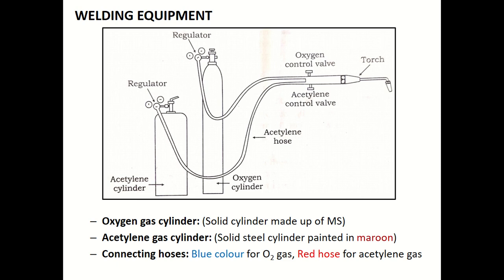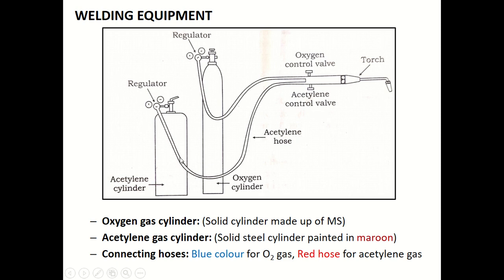The gas is kept at high pressure inside the cylinder, and you can also see a pressure regulator here, used to reduce the pressure and regulate the supply of acetylene gas for the welding.